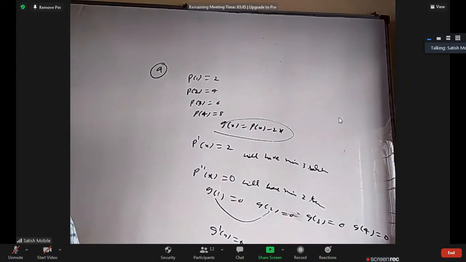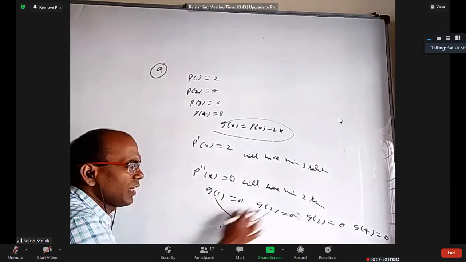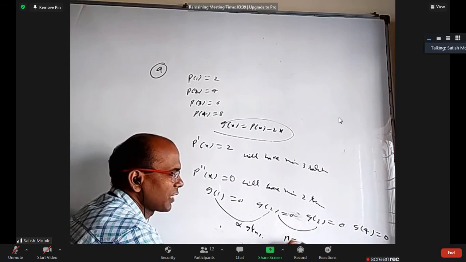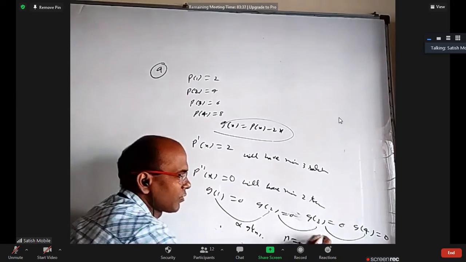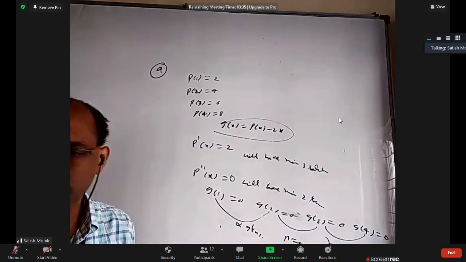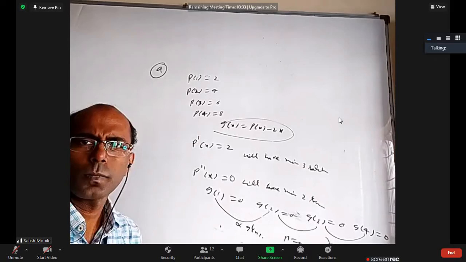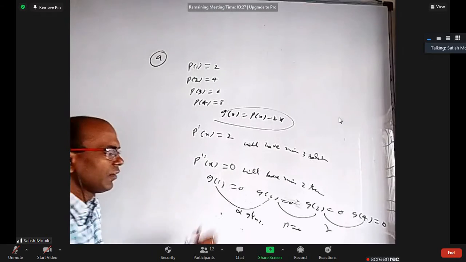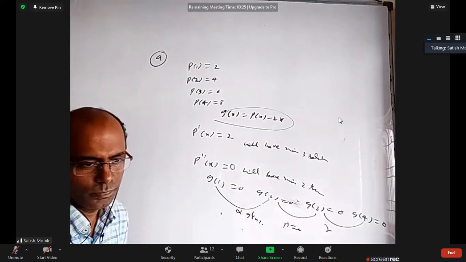Now, let us say between 1 and 2 at alpha, g dash x is 0. Between these two, somewhere at beta, derivative is 0. Between these two, somewhere at gamma, derivative is 0. Then, for g dash x, we can use Rolle's theorem.